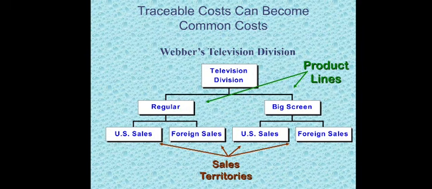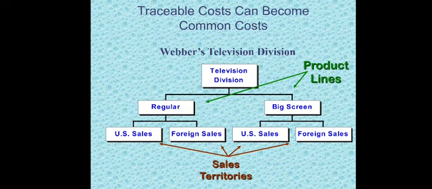So now, let's say the television division has two smaller divisions. There are two types of televisions: regular television and big screen television. So these two also can be seen as segments.